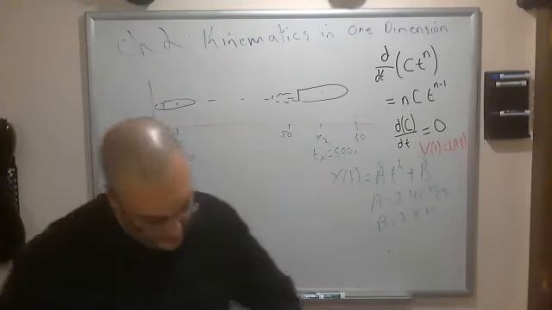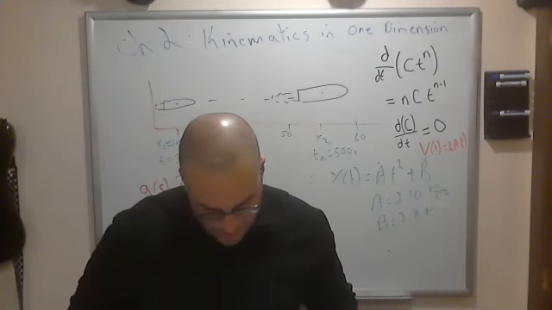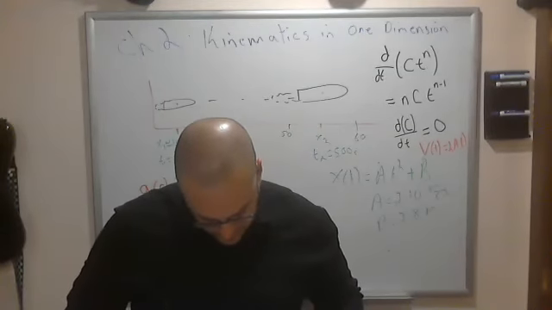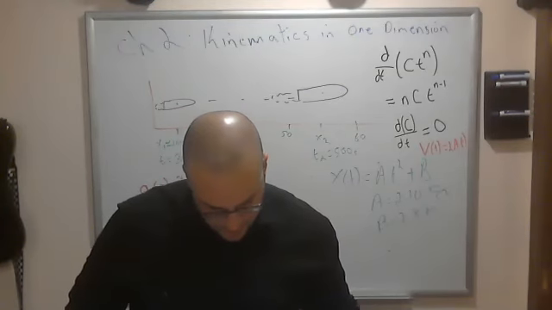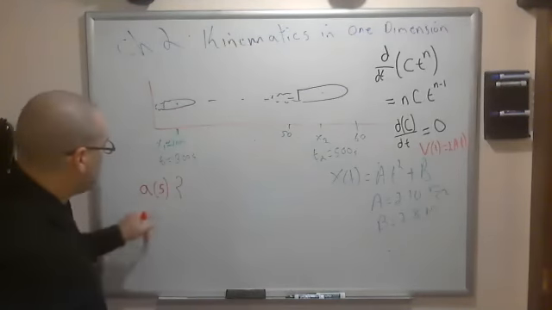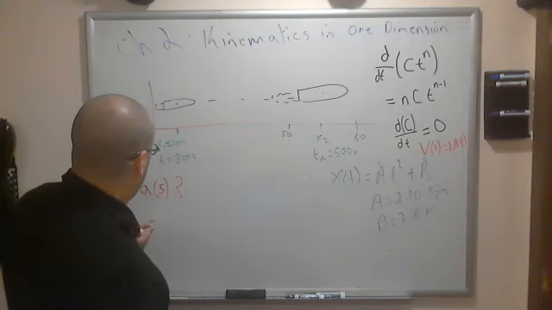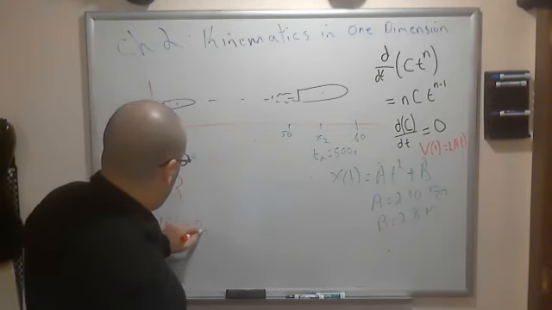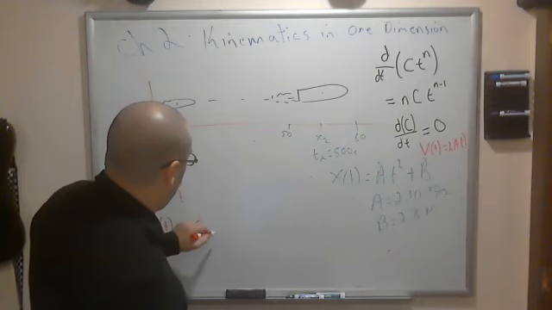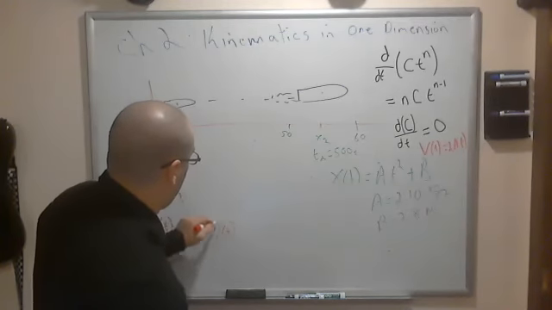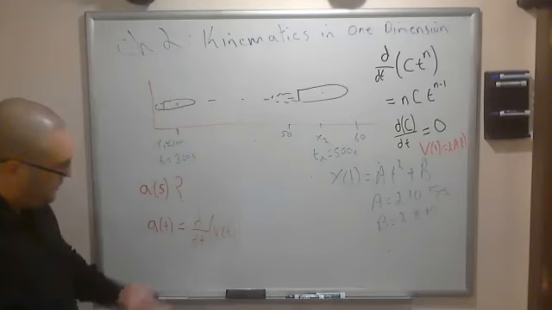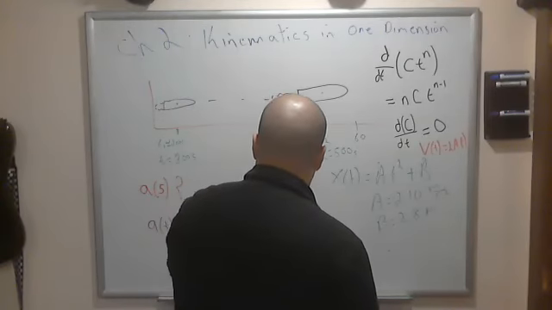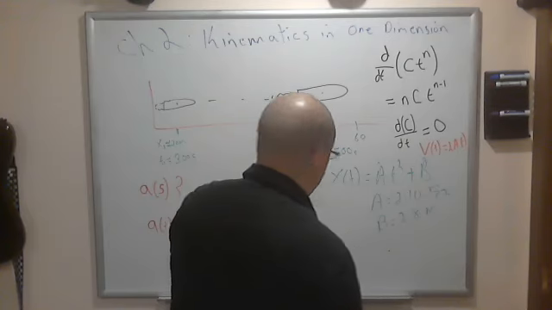This is actually example 2.7. If you want to follow along in the book, this is example 2.7. So let's calculate what a of t is. It's just the derivative of the velocity function, or we could write it as the derivative of the derivative of the position.